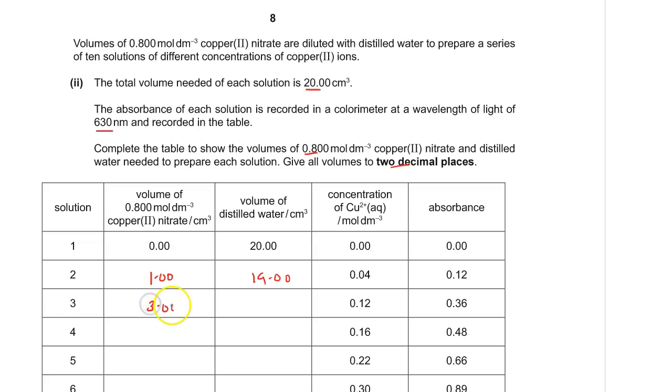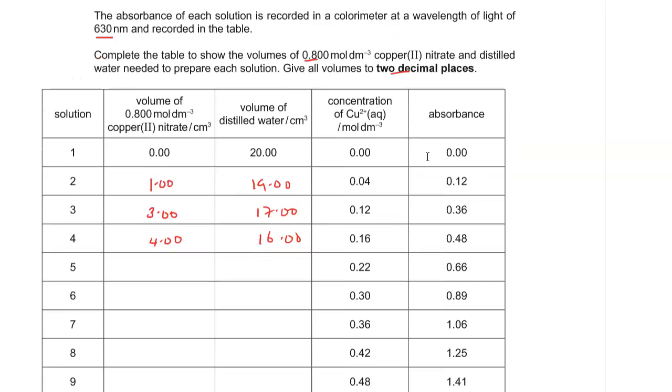Can go for 3. This will be 17. We can go for 4. This will be 16. All of them should be in 2 decimal places.